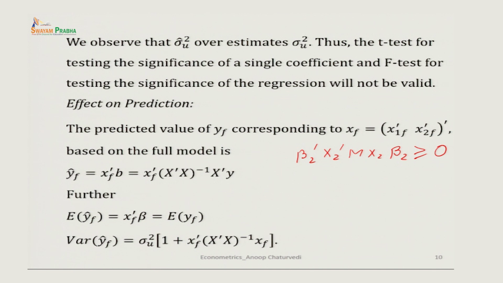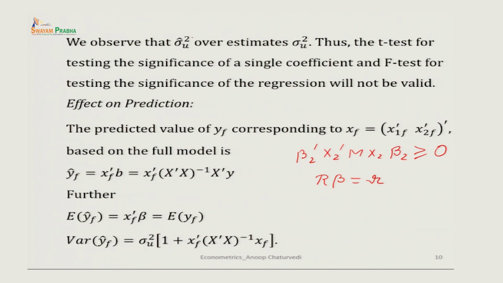In fact, both in the t test and the f test, you make use of sigma hat square u, the least square estimator of sigma square u. In fact, for testing the set of linear hypothesis R beta equal to small r, you also make use of this estimator sigma hat square u.